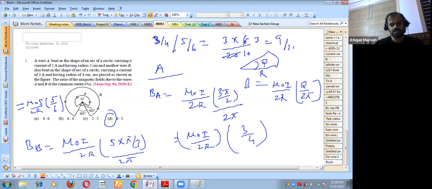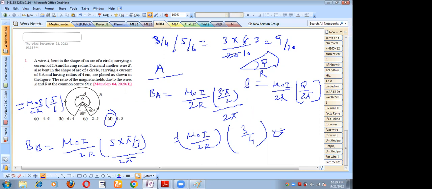It was mu naught I by 2r, 5 pi by 3 divided by 2 pi, so we got 5/6, right? And here we got 3 pi by 2, so 3/4, right? So the ratio of 3/4 divided by 5/6. Current will be cancelled out.